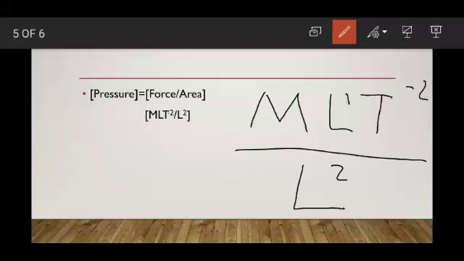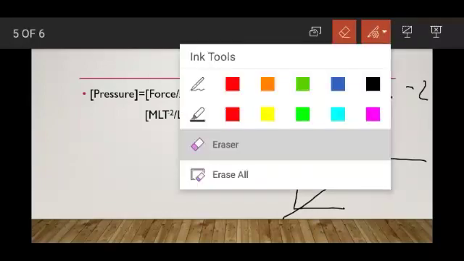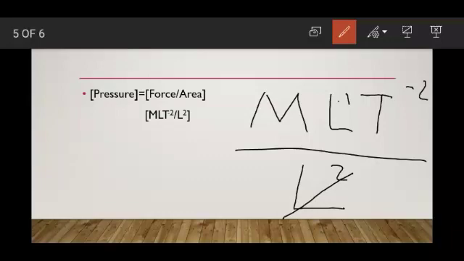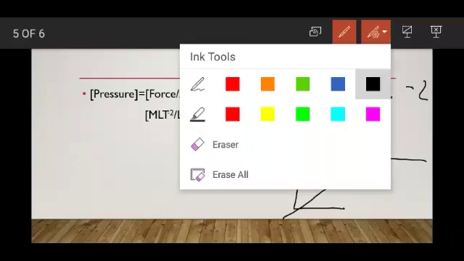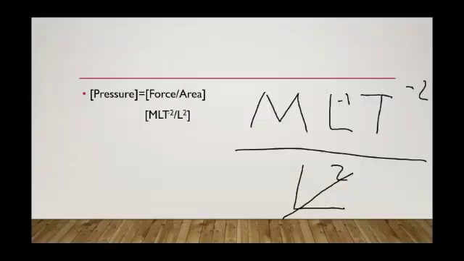When you simplify this and this, you get that our length is power negative 1. You see that length is negative 1 if you simplify. As you can see, it is M L negative 1 times T power negative 2. So that is the dimension of pressure.